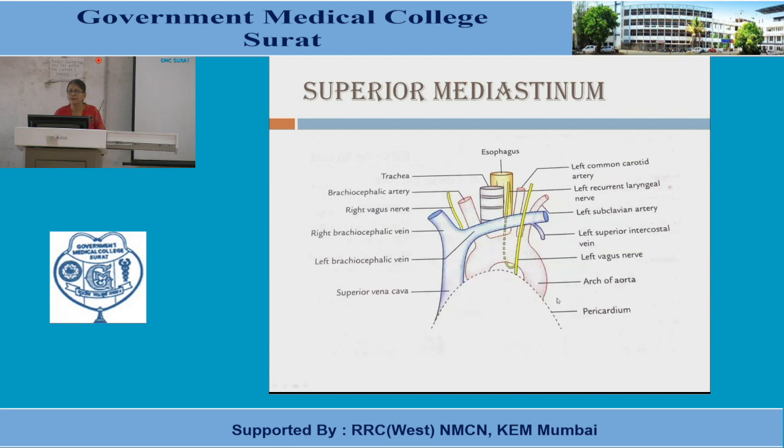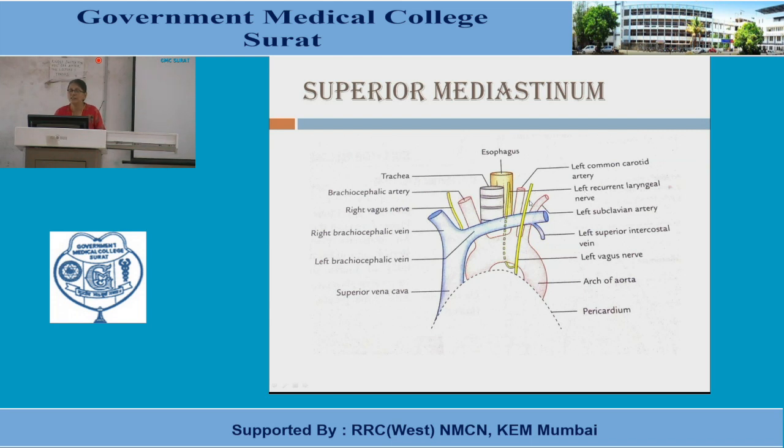ये भी एक डायग्राम है, इसमें आपको और भी स्ट्रक्चर दिख रहे हैं. अपने ये तो देख ही लिया ऑलरेडी. Brachiocephalic vein, right and left, and upper part of the superior vena cava, then this is arch of aorta behind the vein. The arteries are there with the 3 main branches of the arch of aorta. Here is left vagus nerve, and you can see how the left recurrent laryngeal nerve winds around the arch of aorta and ascends upward.